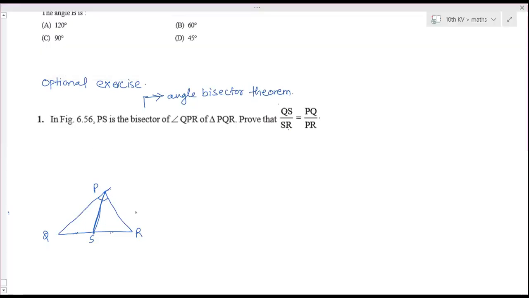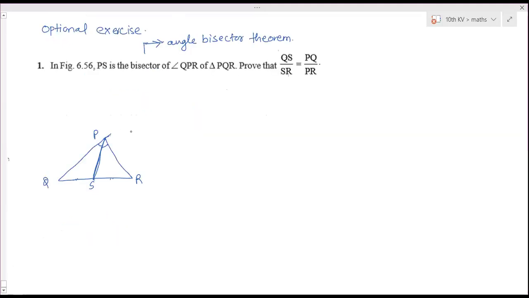In this one, we have to draw a construction. We need a construction to prove this. For that construction, before that, through the point R, we have to draw a line parallel to PS.